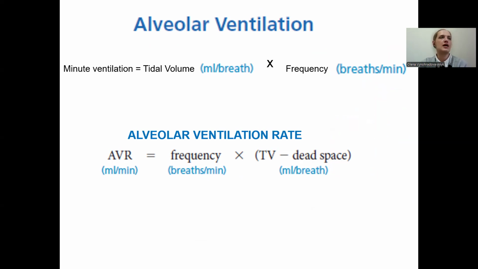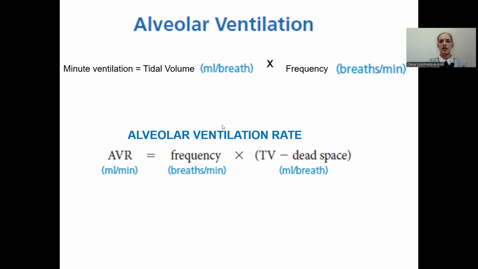Normally, for a healthy adult person in a state of rest, we have 12-16 respiratory movements during 1 minute. It means that the frequency of our respiration will be 12-16 breaths per minute.